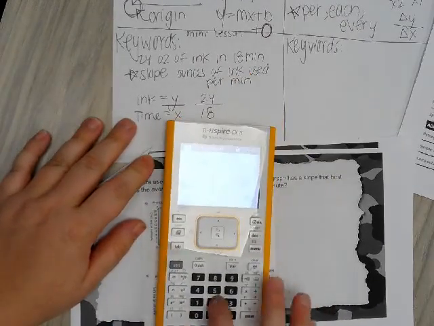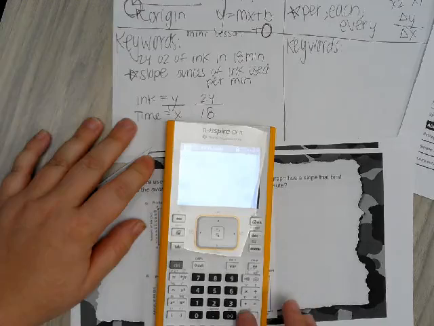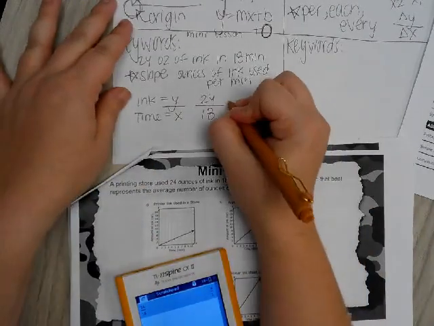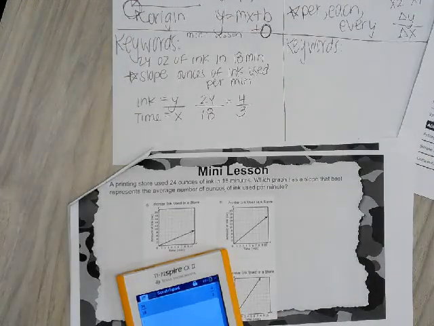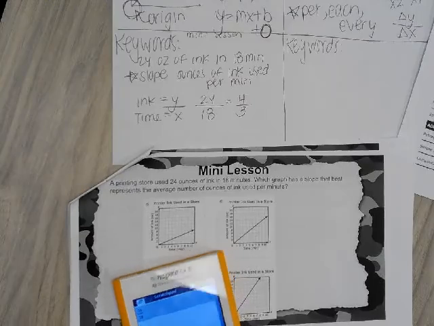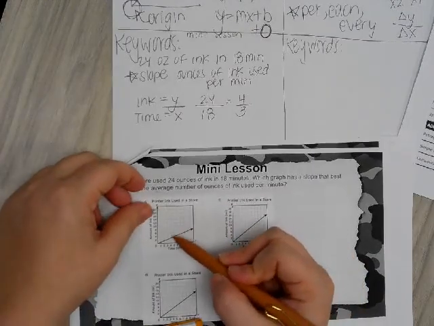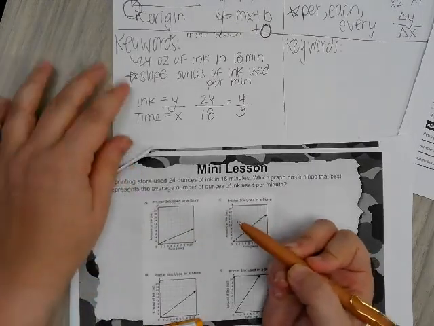So I'm going to do 24 divided by 18, and I get 4 over 3. So wherever my time is 3, I know that it needs to be up at 4. Okay?